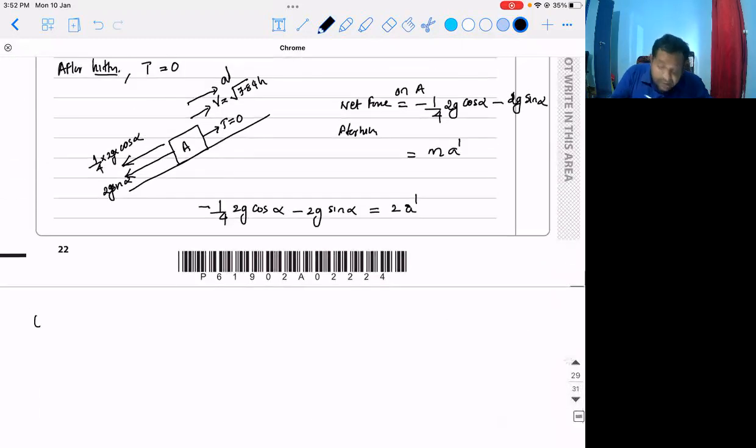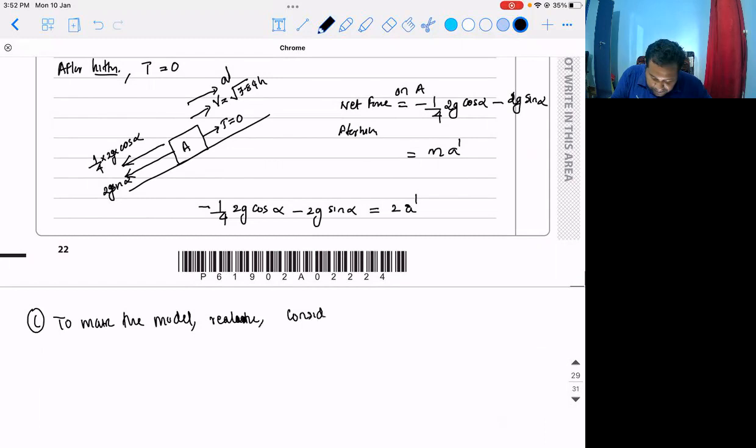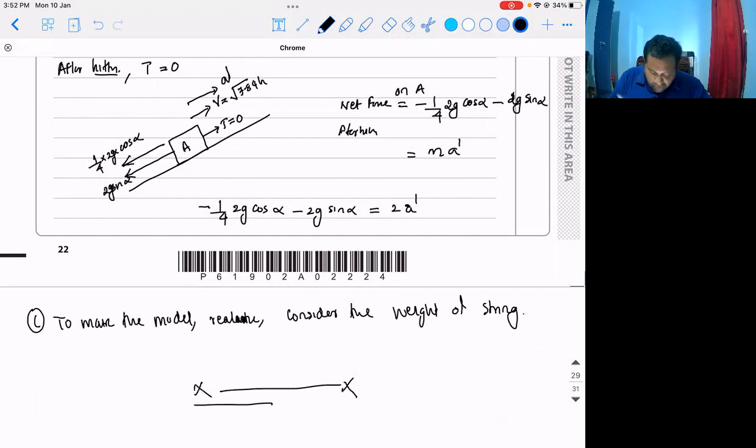So to make the model realistic, consider the weight of the string. So that is the answer for all these questions.